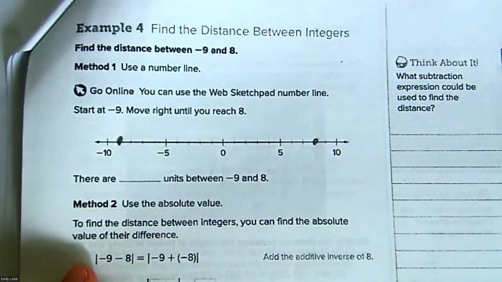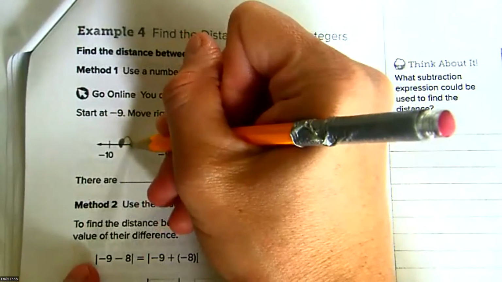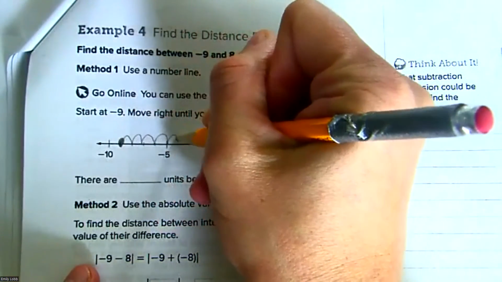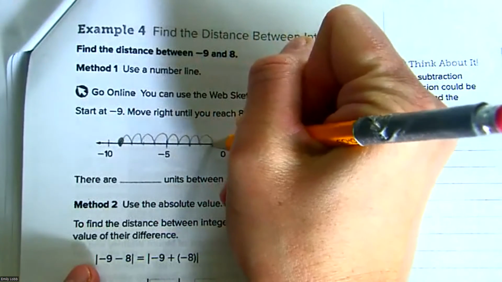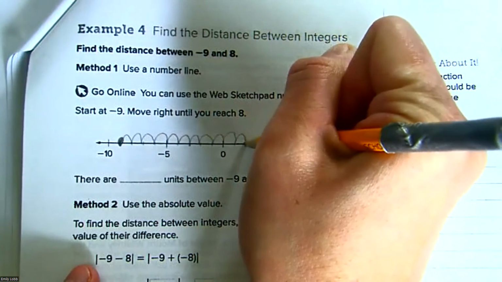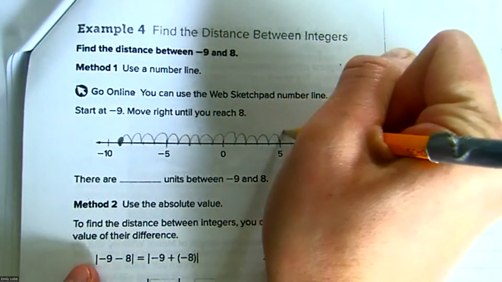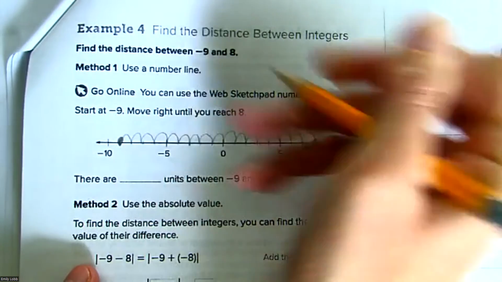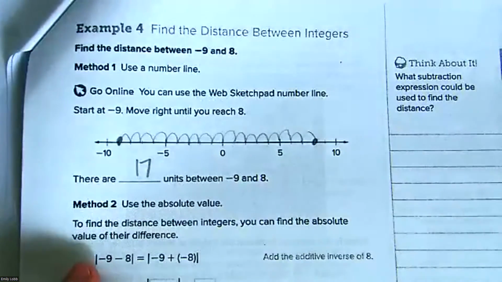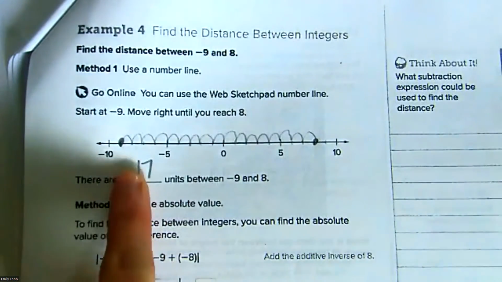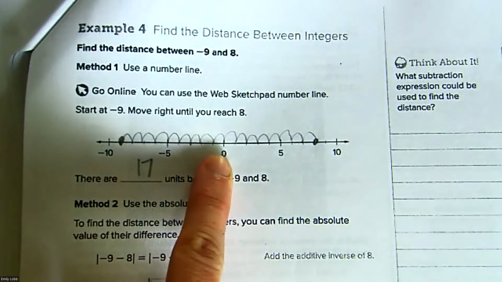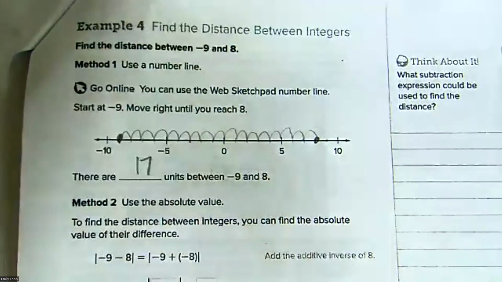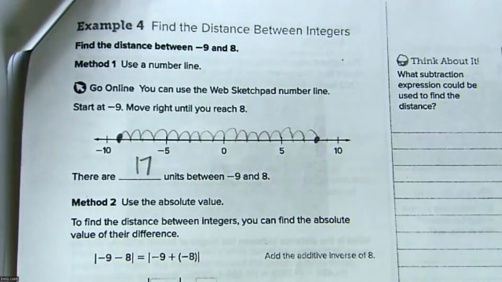Count how many hops it takes to get there. 17. Now that was kind of a lot of work. I also might think, it takes me 9 to get to 0 and 8 more. So that's a total of also 17.